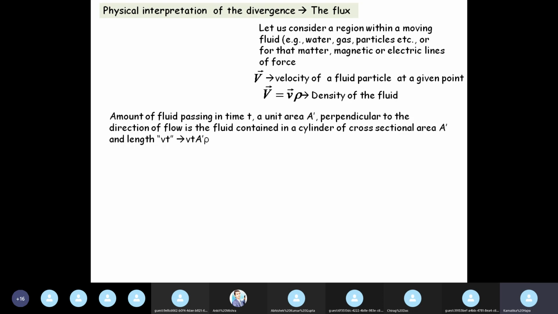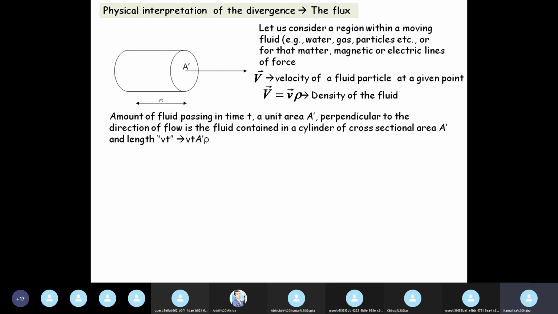Okay. So the amount of fluid passing in time t, a unit area A prime, perpendicular to the direction of flow, is the fluid contained in a cylinder of cross-sectional area A prime, which is given by v into t.